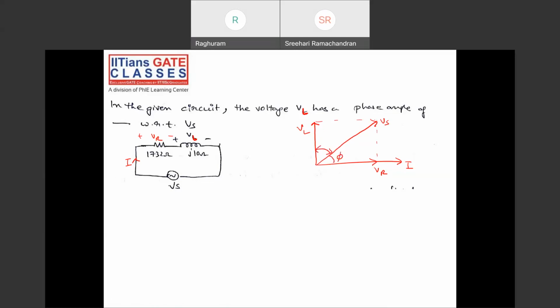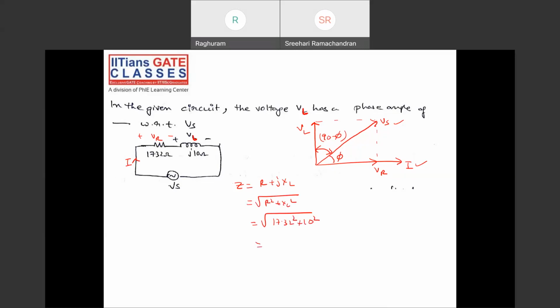This angle is the power factor angle, right? The angle between VS and I is the power factor angle. So this will be 90 minus the power factor angle. What is the power factor here? Z is equal to R plus jXL, or under root R square plus XL square. Under root 17.32 square plus XL square.